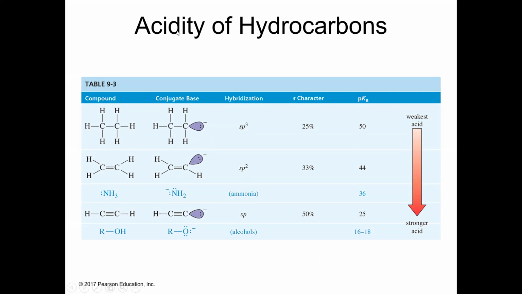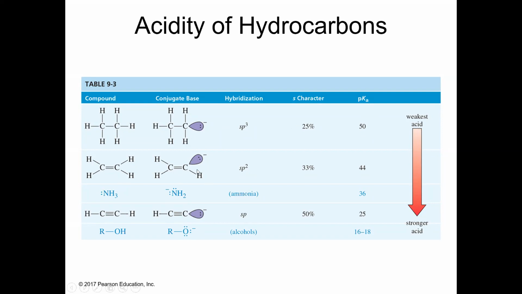Hydrocarbons are not notoriously acidic. In fact, they are very unacidic. So here we have ethane, and the conjugate base would be CH3CH2 minus. The pKa is about 50, so the Ka is like 10 to the minus 50th power, an extremely weak acid.